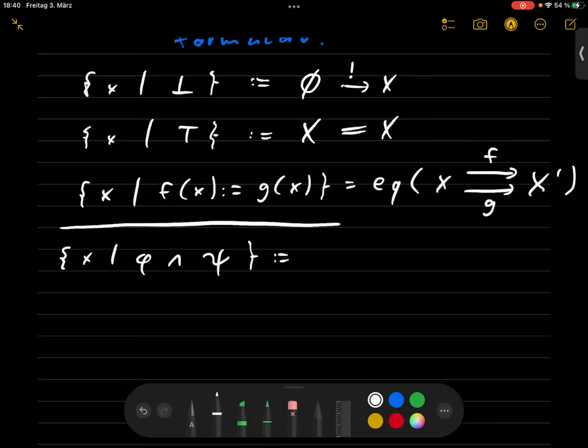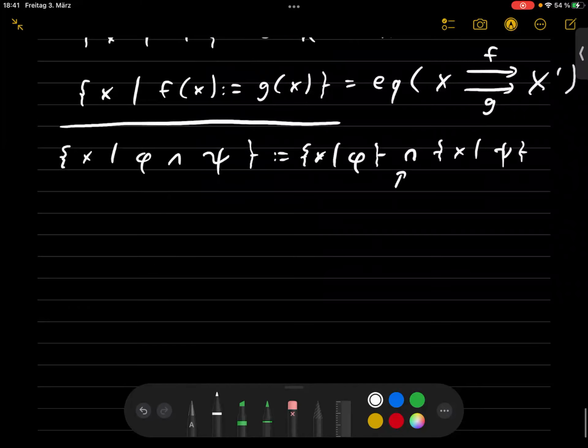This is exactly all X such that phi holds, and then the intersection with all X such that psi holds. And what is this intersection? Well, it is the pullback of these morphisms. How do we do it? So we can consider this object.